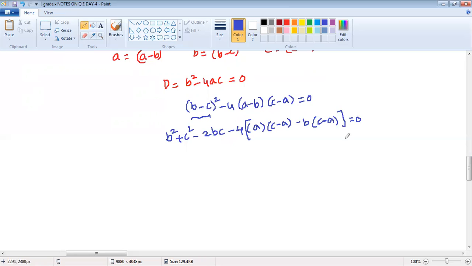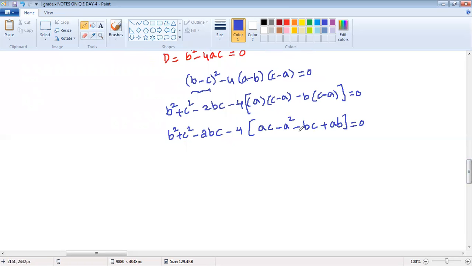Got it? Yes. b square plus c square minus 2bc minus 4 into, you multiply, ac minus a square minus bc plus ab. Got it, ma? Yes, sir.